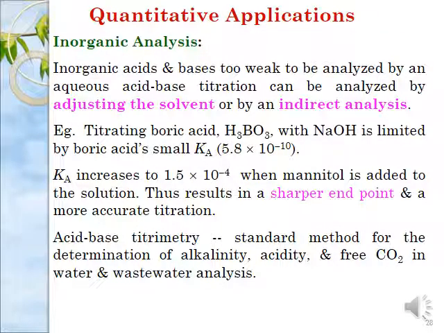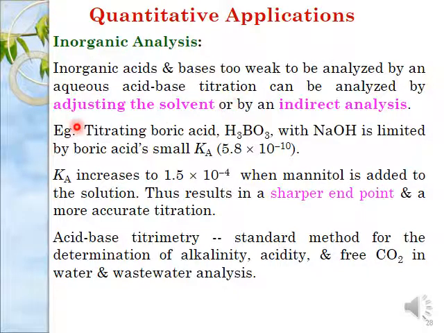Next we look at the applications of acid-base titration. First of all, inorganic analysis. Inorganic acids or bases which are too weak to be analyzed by normal aqueous acid-base titration can be analyzed by adjusting the solvent or by indirect analysis.